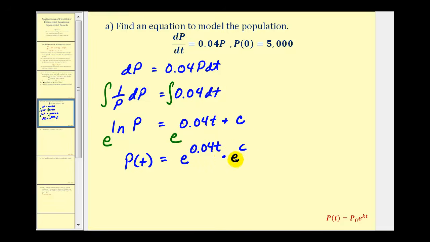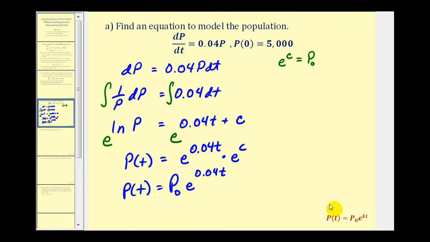But e to the c is just a constant, so let's let e to the power of c equal P sub 0. So now we have an exponential function that would satisfy this differential equation. It's going to be P of t equals P sub 0 times e raised to the power of 0.04t, which does fit the form of the exponential function that we discussed on the previous slide, also given here.